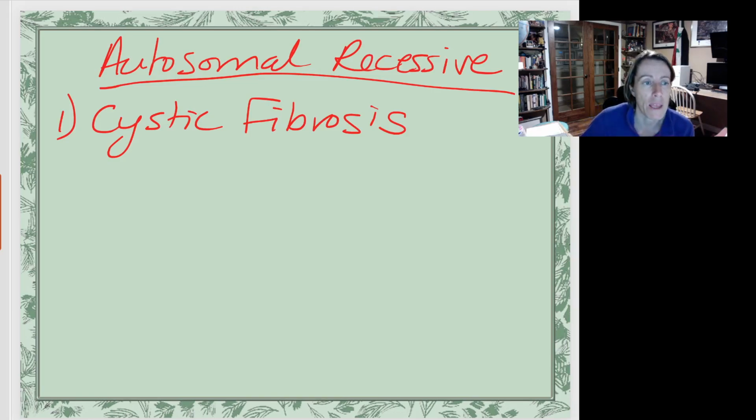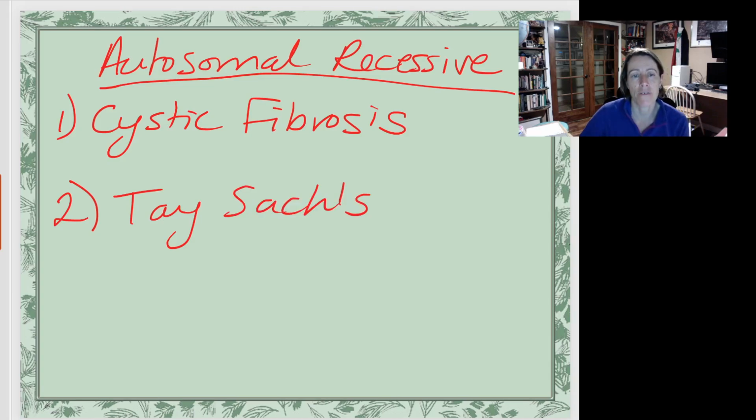We'll talk about why. We're also going to talk about Tay-Sachs disease. This is a disease of metabolizing lipids. It's a fatal disease that affects brain development in infants.